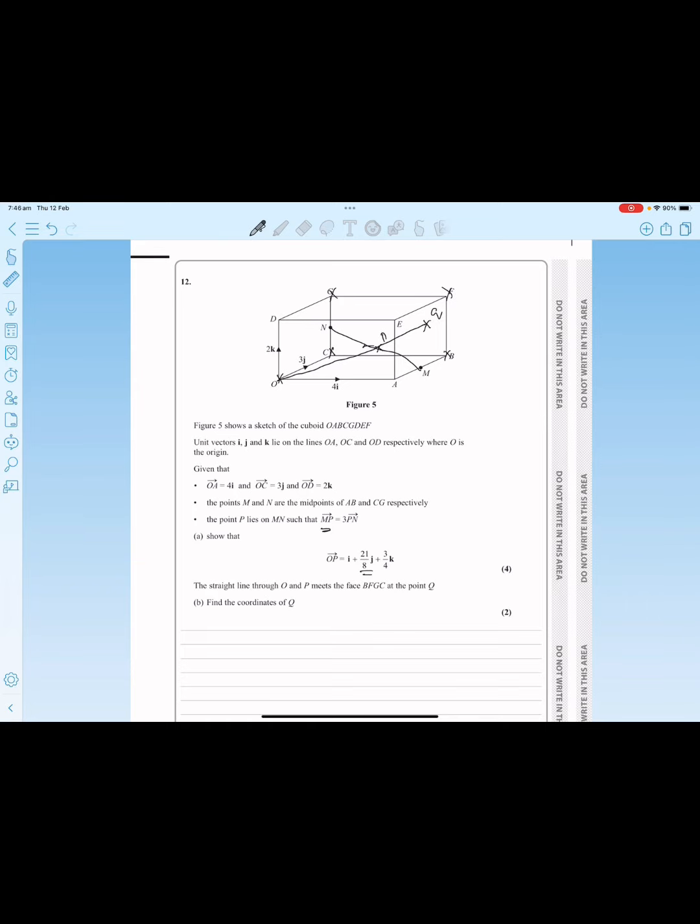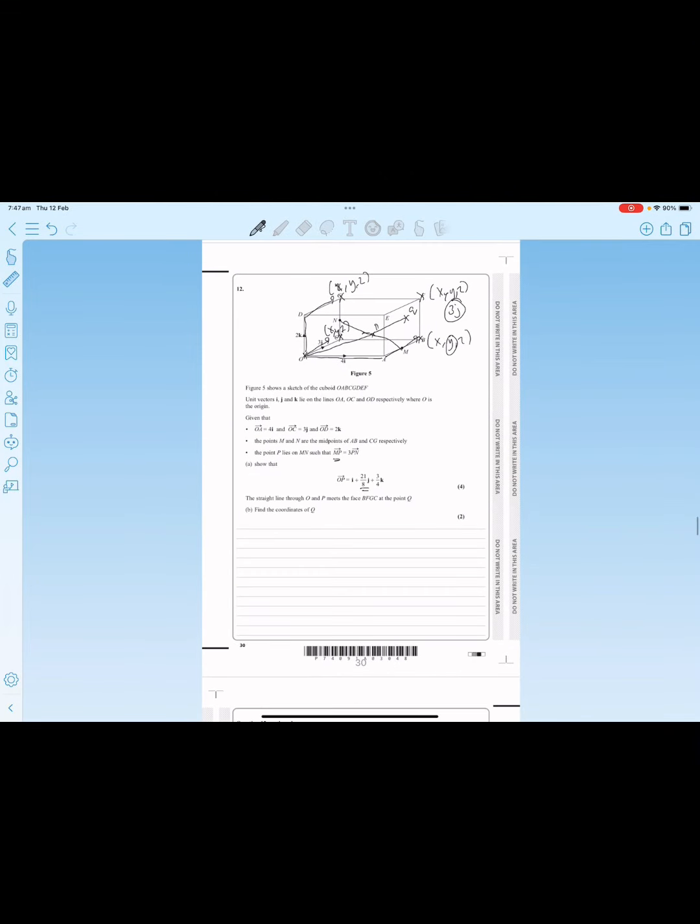Regardless of what x and z are, which will change, the y component will always be 3j, because there's a distance of 3j from here. For example, it's 4i plus 3j, and this is 2k plus 3j. So the y component is always 3.